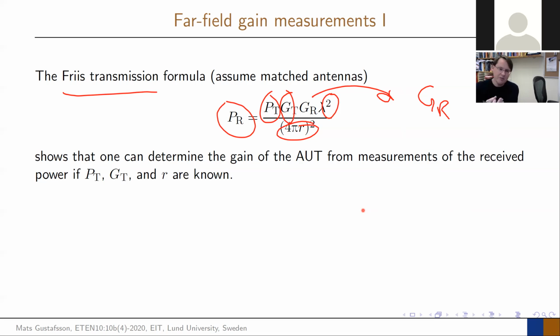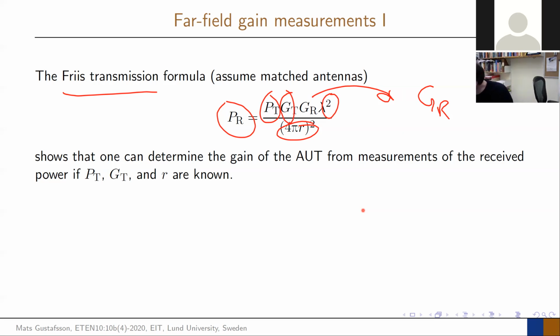I know the received power, I know the transmitted power. In reality, you have your illuminating antenna, for example a horn antenna, and to it comes a cable, and there are quite a lot of losses in these cables. Maybe you don't know those losses, which means that you cannot really use the Friis transmission formula, because you don't know the transmitted power.